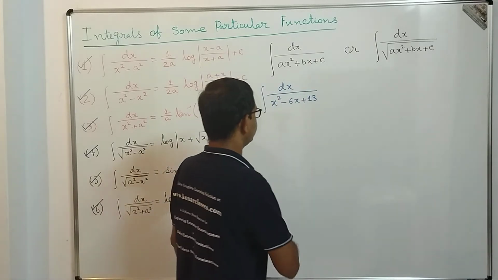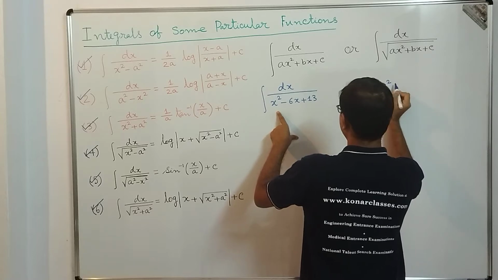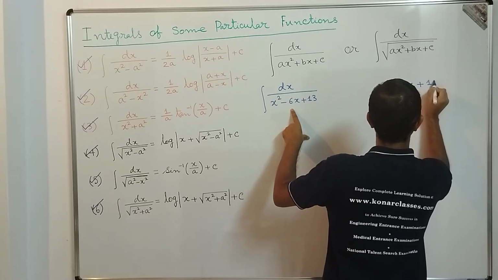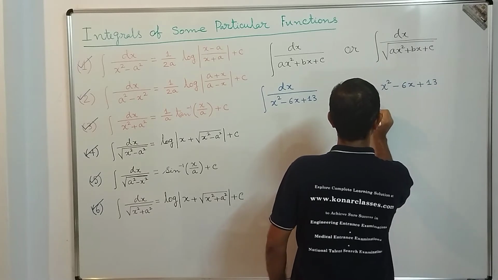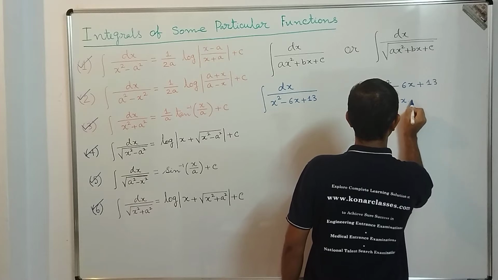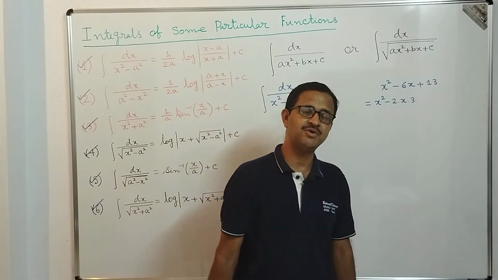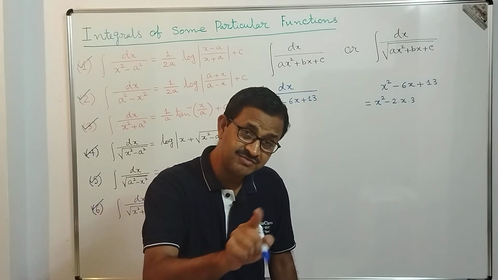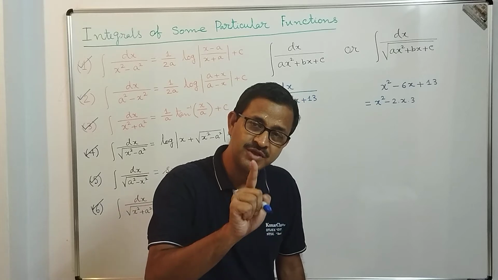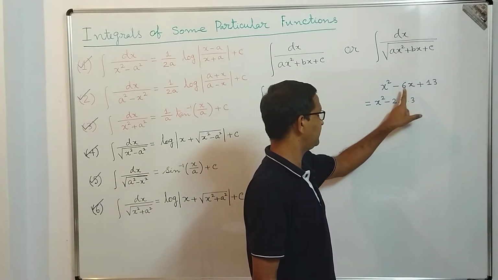To fulfill that purpose, we should write x square minus 6x plus 13 equal to x square minus 2 into x into 3. Always we need to start with 2 because we know the a minus b whole square formula, or a plus b whole square formula, has a square plus 2 into a into b. So 2 is always there, right? That's why first we need to bring 2.